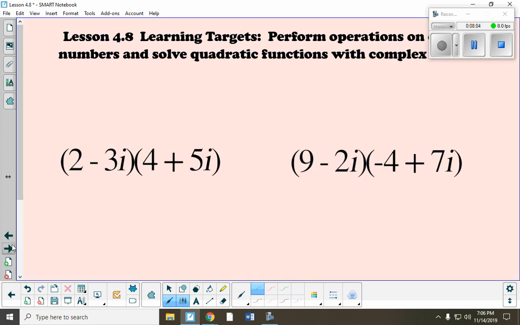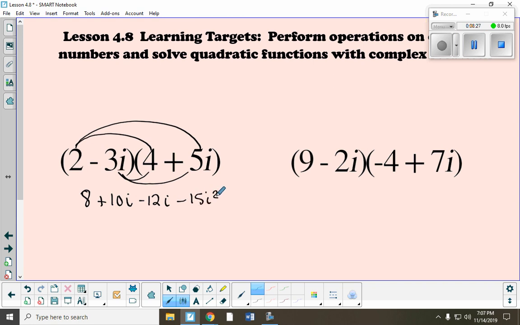Here we have a binomial times a binomial, a complex number times a full complex number. So we're going to double distribute or FOIL. So first would be 2 times 4 is 8. The outside ones would be 2 times 5i. That would be 10i. The inside values would be minus 12i, and the last would be negative 15i squared. So now we'll go through and combine like terms.